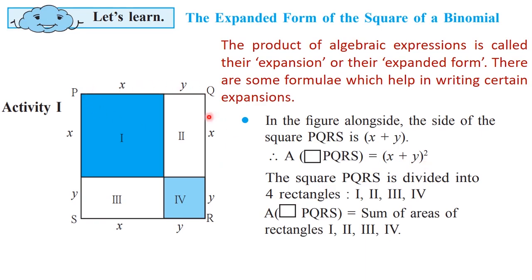Now students, the square PQRS is divided into 4 rectangles. First, second, third and fourth. So area of square PQRS is equal to the sum of the areas of rectangles 1, 2, 3, 4.